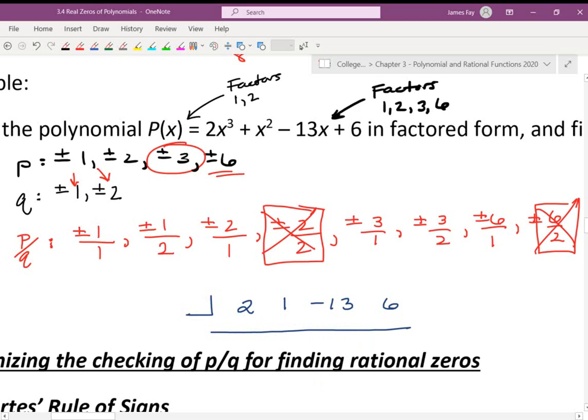Just make sure you know which ones you've tried, so you don't accidentally skip one, or do one that has already given you a remainder that is not 0, and then try that one again for some reason. Okay? So just be organized.